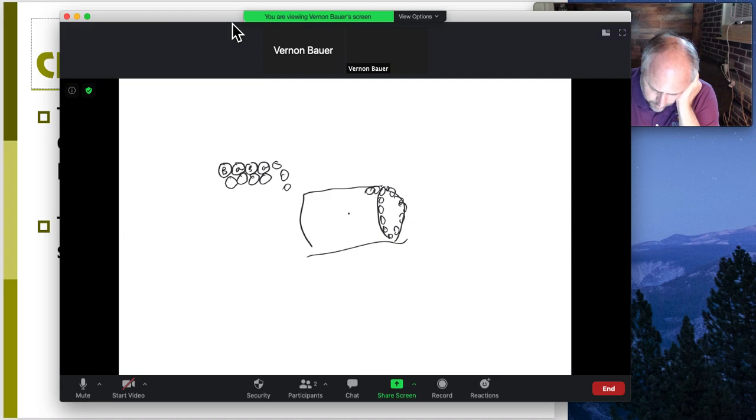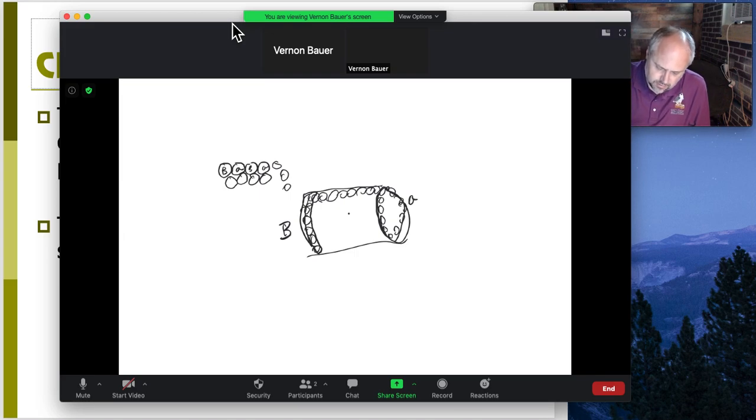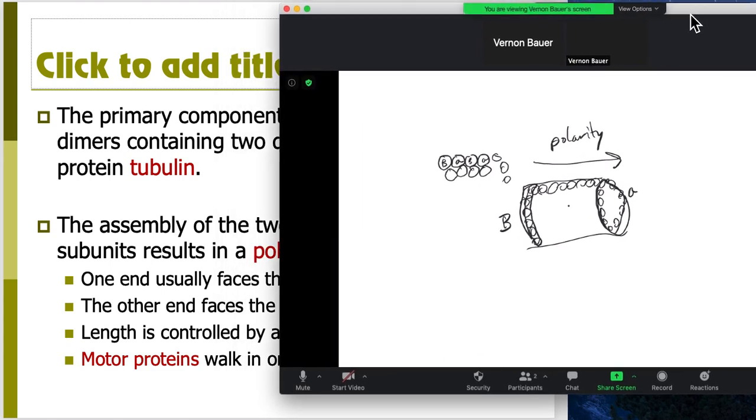And of course these will go all the way back, and I won't draw all of them, but you'll have B subunit this direction, you'll have A subunit this direction, and so what this does is it creates a polarity to the fiber, which is going to be fairly important, okay?